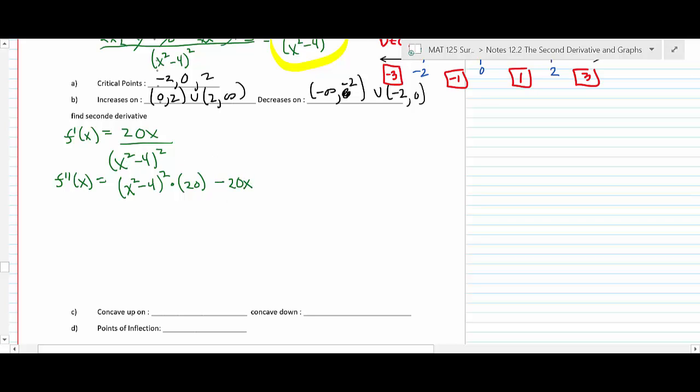How do you do the derivative of the bottom? Chain rule, right. So be careful. You're going to bring the 2 down, leave the x squared minus 4 alone to the first power, then multiply by the derivative of what's inside, which is 2x. That's chain rule. You've done some homework on that too.